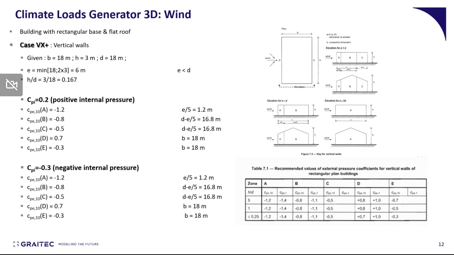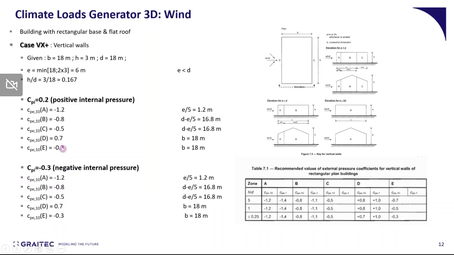So basically, for each wall and for each wind case, the following combinations of loads are created: the positive CPI with the CPEs that are identified on this table, and the negative CPI with the CPEs that have been identified earlier.